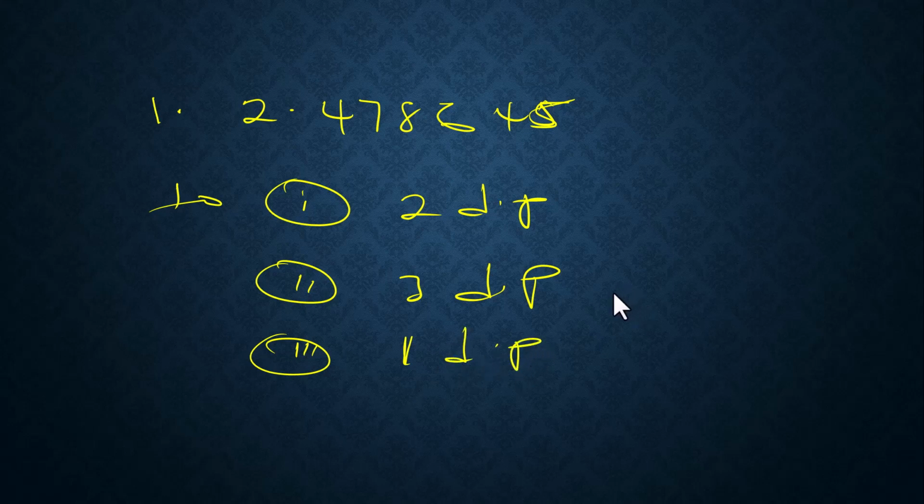You can write the answer in the comment section below. So, two decimal places, three decimal places, and one decimal place.